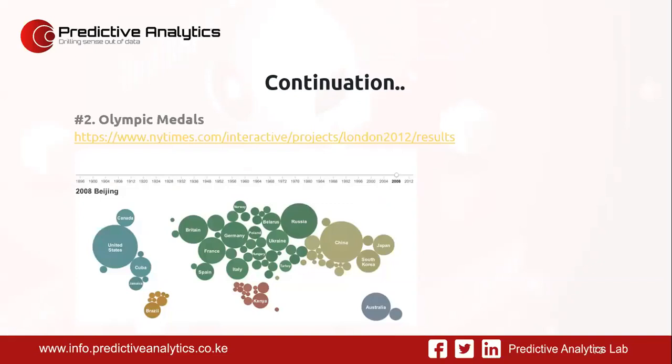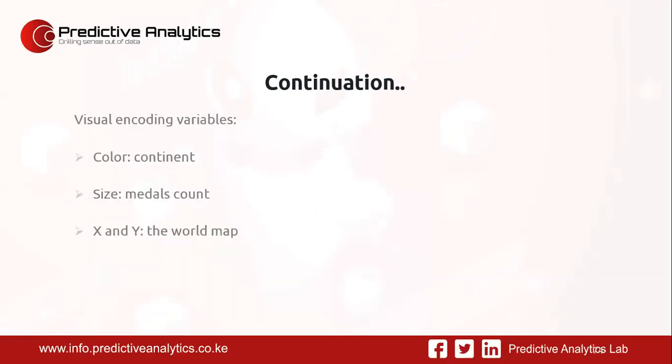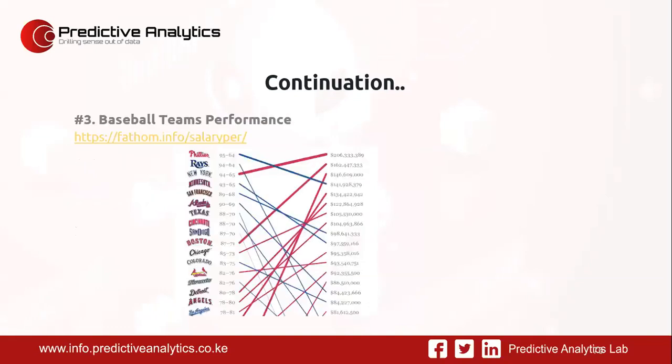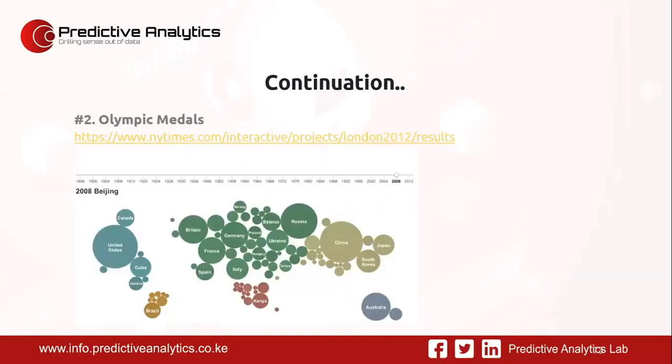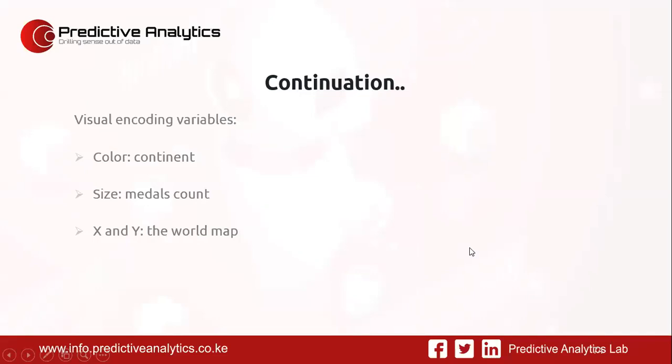This is the bubble chart that I was talking about some time back. The size of the bubble represents the size of the data. We have medals count as the size, and then X and Y as the world map. So again, a combination of three encoding variables: color, size, and X and Y.